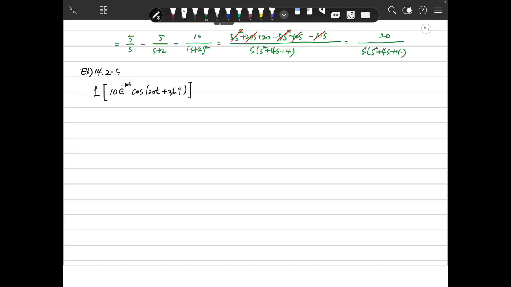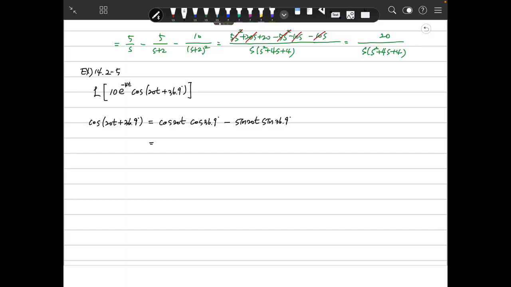So to do that, at first we need to simplify the cosine function. Cosine 20t plus 36.9 degree will be cosine 20t cosine 36.9 degree minus sine 20t sine 36.9 degree.